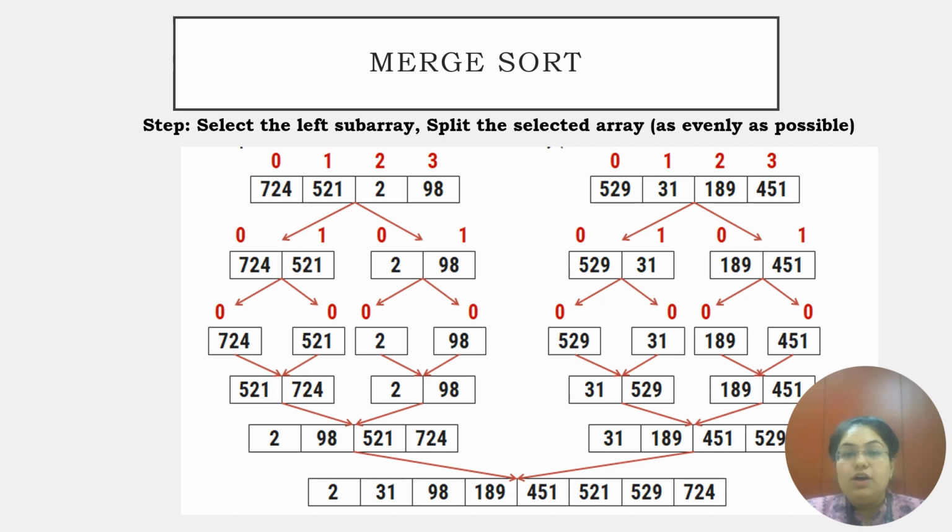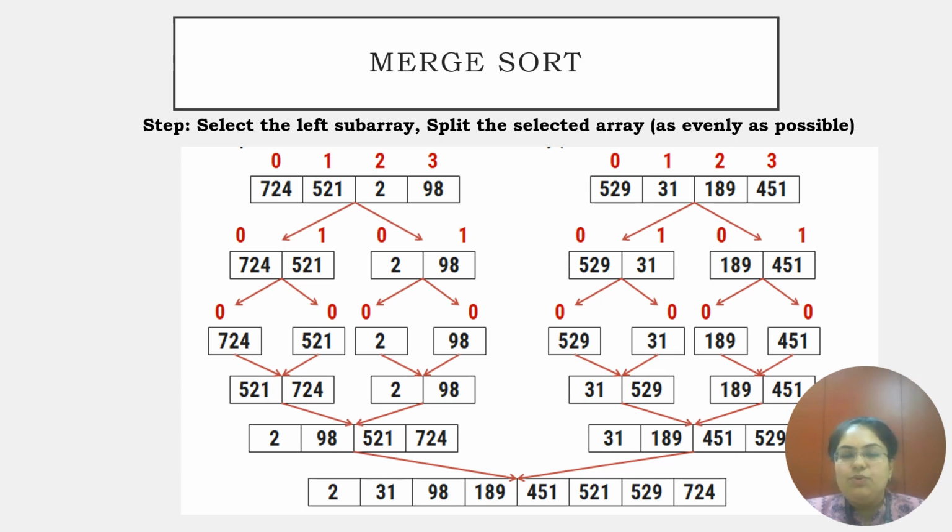Now we are going to start merging these elements. We merge the single elements into one array, and we compare them: if an element is less than the element on its left-hand side, we swap these values.